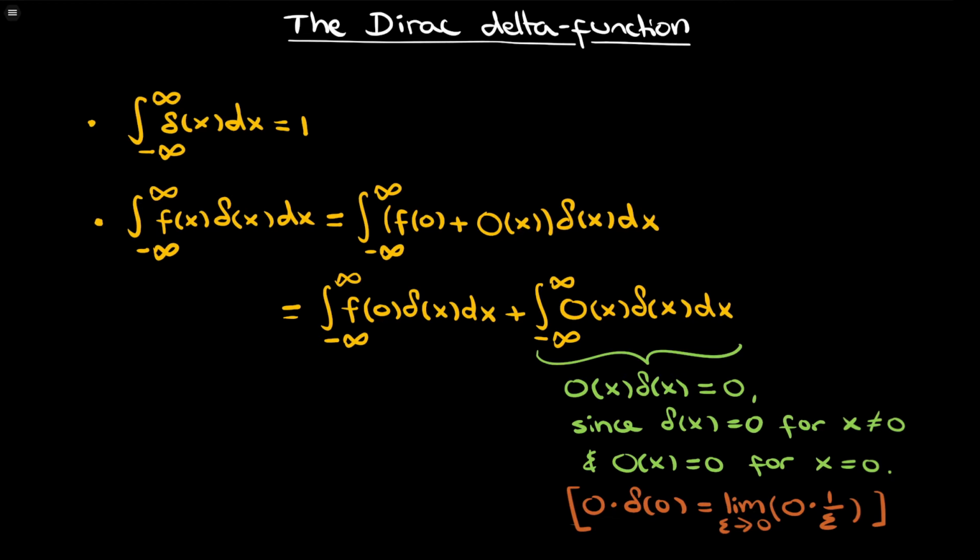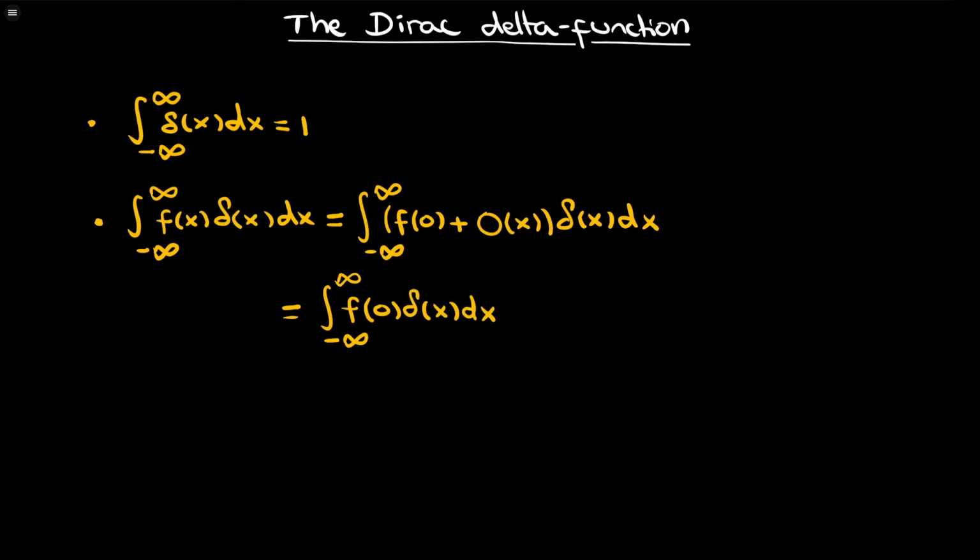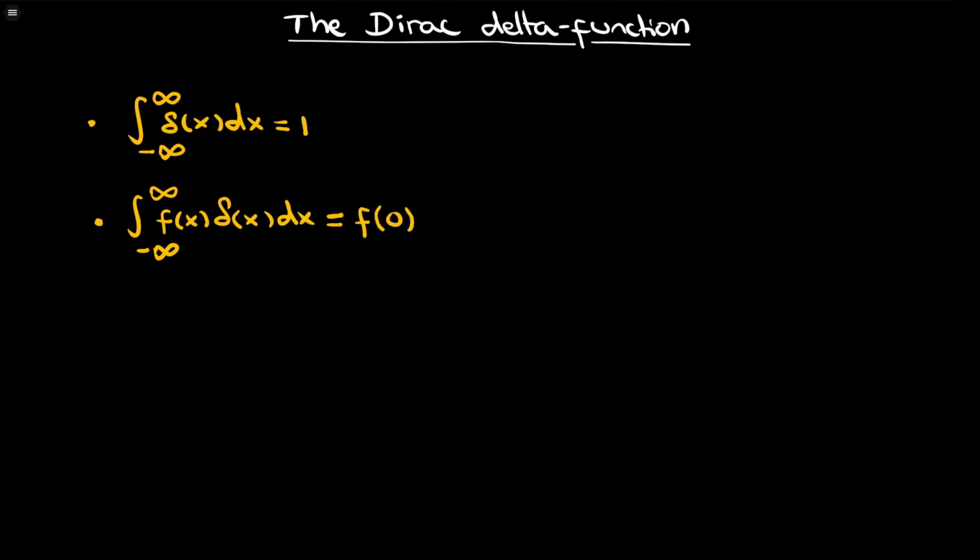Thus, this integral comes out as 0, and so we can ignore it. In the other integral, f of 0 is just a constant, so we can pull it out to the front, and we already know that the remaining integral evaluates to 1. And so integrating delta of x, multiplied by some function f of x, over all x, gives us the value of the function at 0.